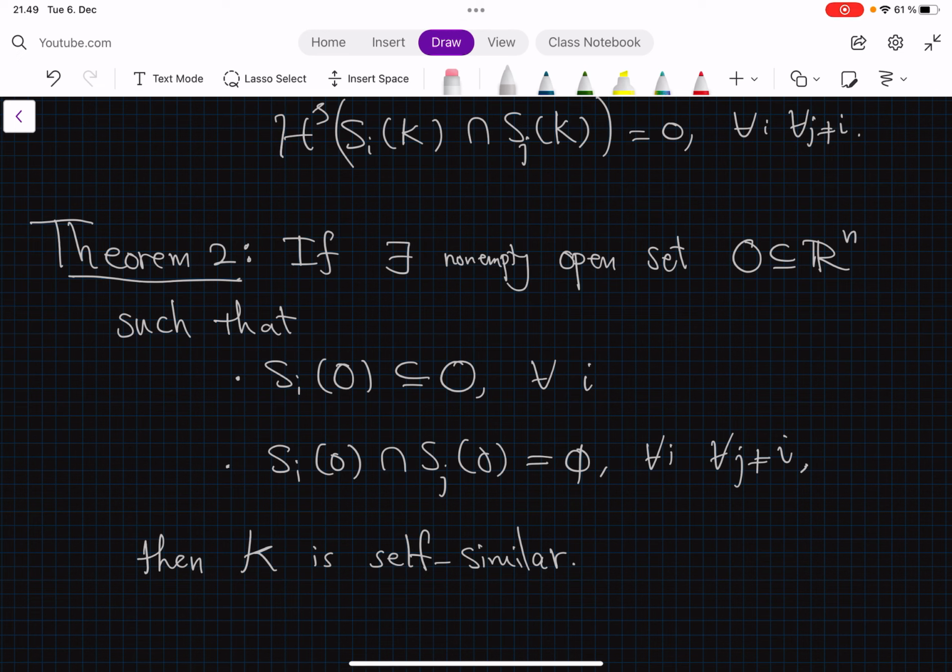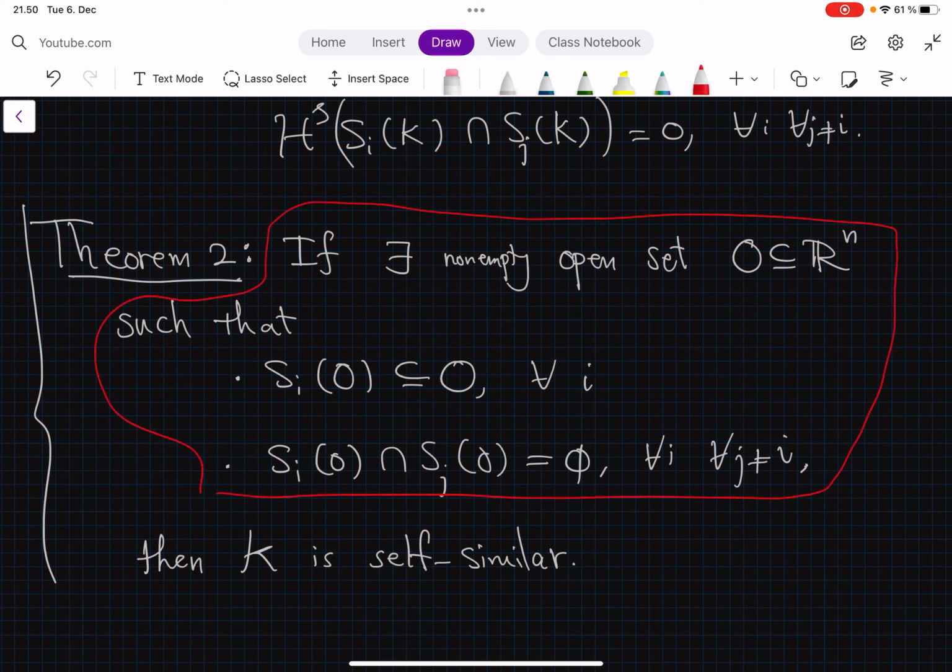And that condition is interesting because if you look at the statement of this, the assumptions have no K in it. So until this line, there is no mention of K anywhere. So these are assumptions. Then you see that the self-similar set, the invariant set will be self-similar. So what is this condition? It's called the open set condition.